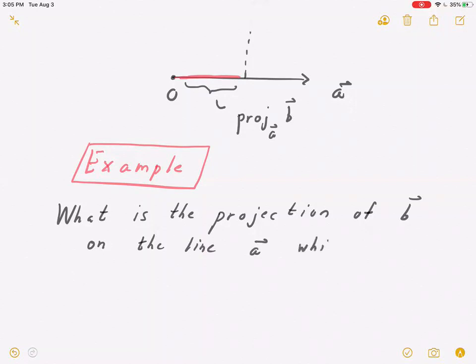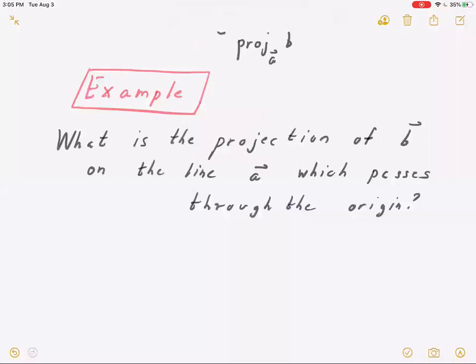And again, our line A clearly passes through the origin. So that's the question we want to pose and get an answer to.